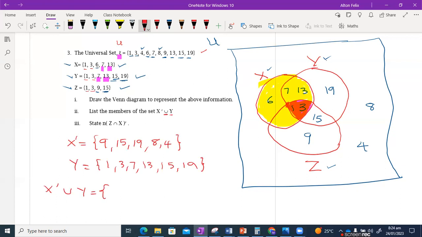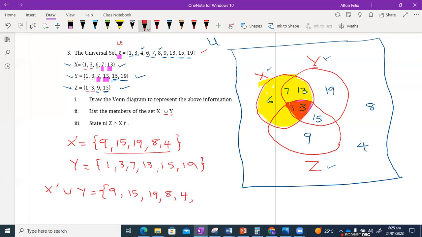And if there's any number that's repeated twice, you simply write it once. So let's start with X complement. Again, you need not write it in any order. X complement is 9, 15, 19, 8, 4.